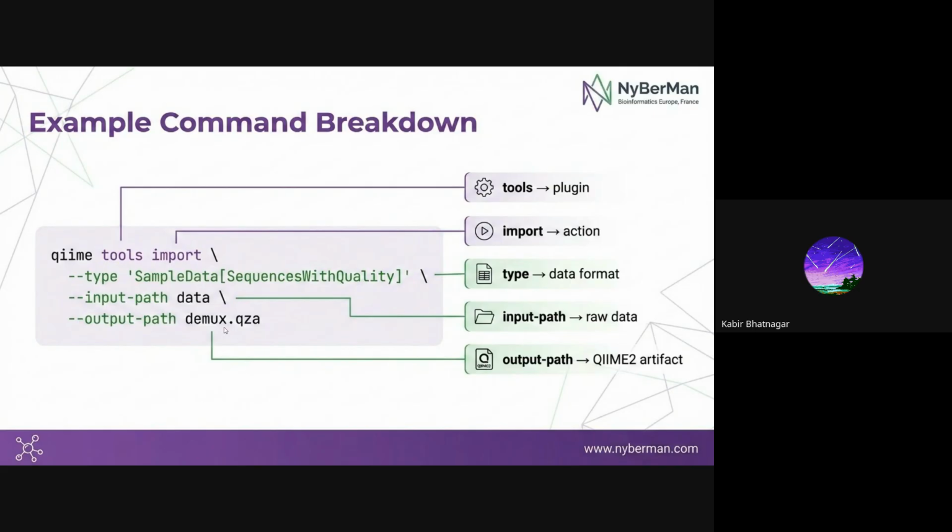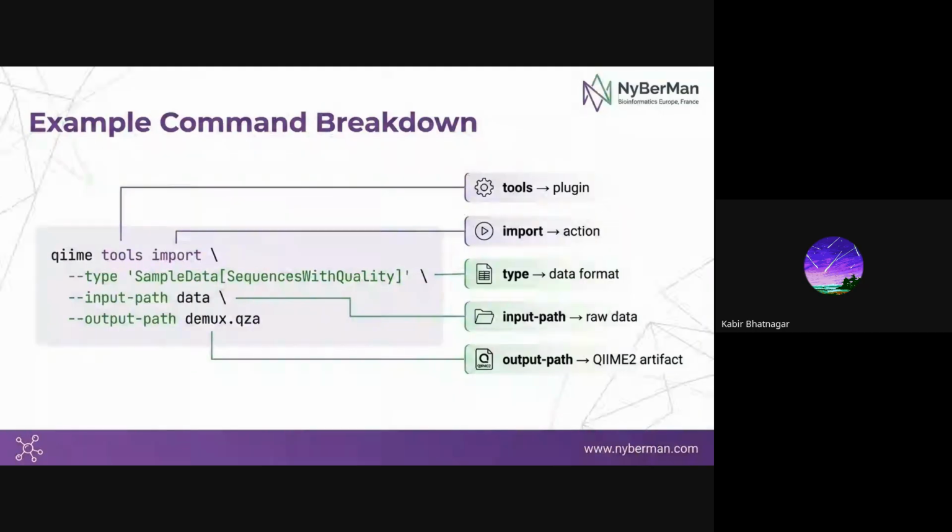So here they're generating just a demux.qza. Technically, it should be like demux here. It is just a very generalized command, so you don't have to look into the technicalities right now. Just understand what each and every term means here: what action you are doing, what plugin you are using, what type of data, the input data and the output data. These are some of the parameters that are really important, and these will remain constant.